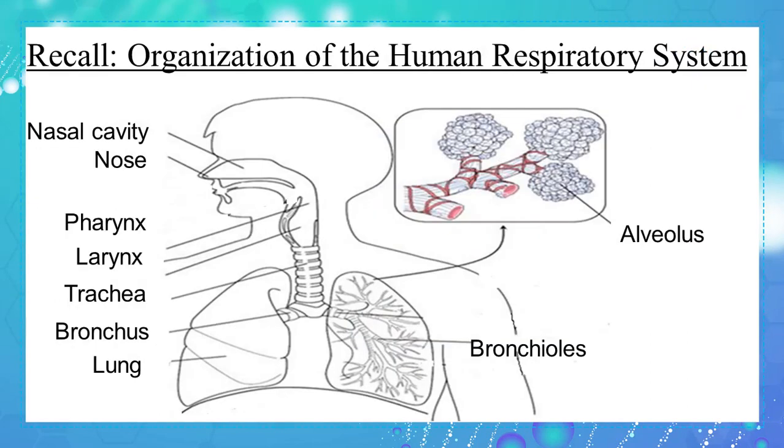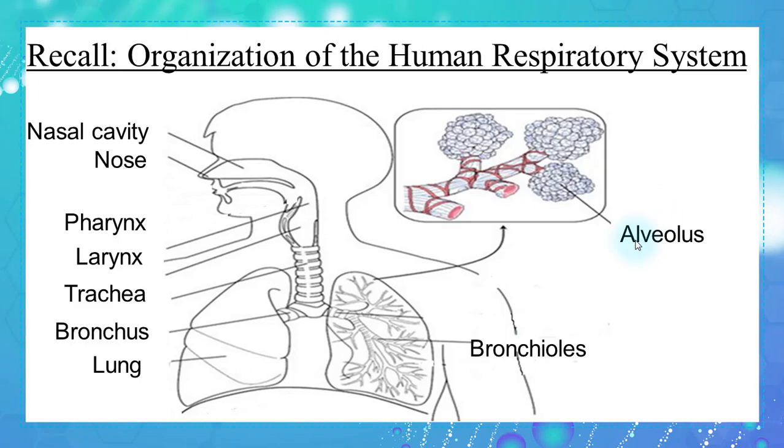In the previous session, we learned about the organization of the human respiratory system. We were introduced to different organs that form the human respiratory system. We said that the nose, pharynx, larynx, trachea, bronchus, lungs, bronchioles, and the alveoli are the organs that form the human respiratory system.